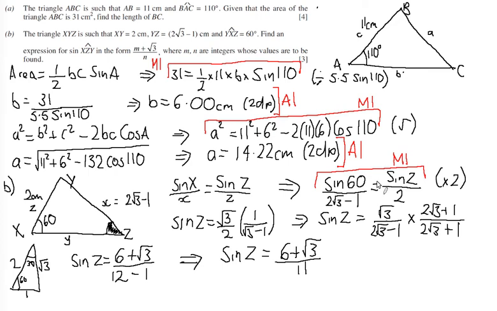You then get a method mark for getting to this stage here, where sine z is equal to a rearrangement we need to evaluate, and then finally we're going to get an accuracy mark for getting and showing how to get down to this final expression here. Okay, I hope that all made sense and that you understood it.